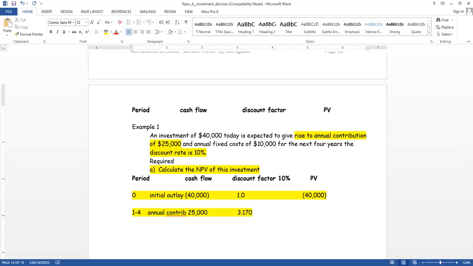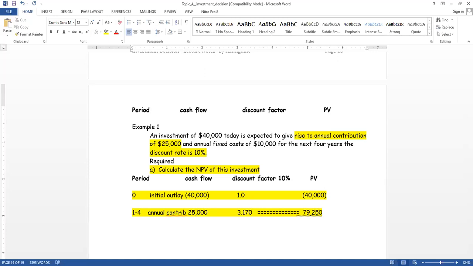So when you multiply, what would be the PV of annual contribution? 25,000 times 3.170 is 79,250, and it is an inflow.